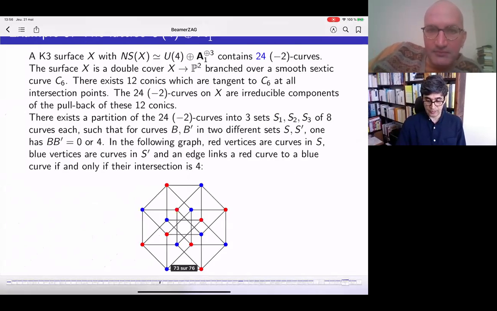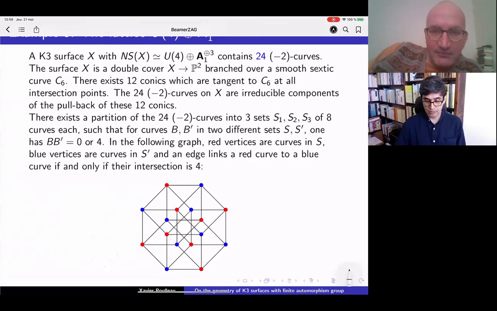And so they have a very nice configuration. I will try to show it to you. You can partition these 24 minus 2 curves into 3 sets, S1, S2, S3. Each set has order 8. When you take 2 sets, S and S prime, you give the colors, and you can associate the following graph.